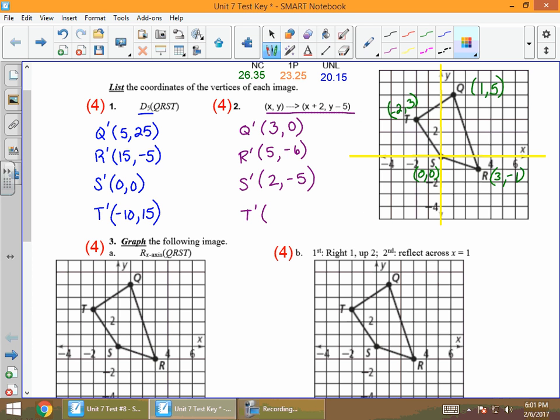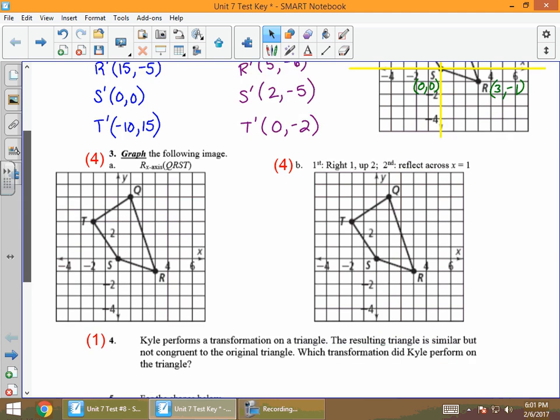And lastly is T. That was the point -2, 3. So -2 plus 2 is 0. And 3 minus 5 is -2. And again, it's 4 points. That's a point for each one of the values that you find there.